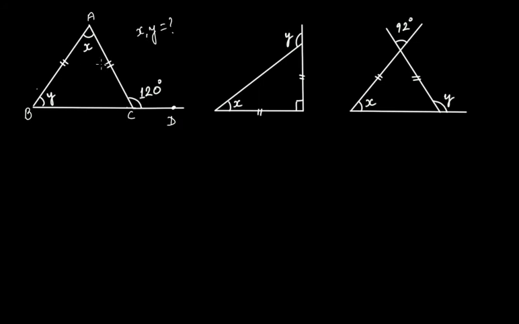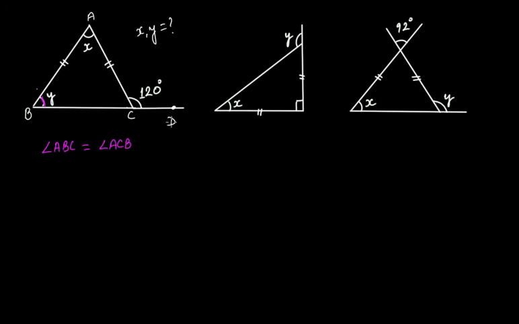It implies that these two sides are equal. Since these two sides are equal, the base angles will be equal. Taking the complete name, angle ABC will be equal to angle ACB. You can see here angle ACD is an external angle.